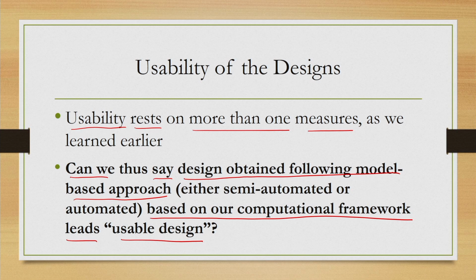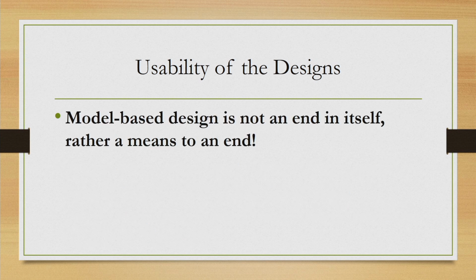So, the question is, can we still call the final outcome of the framework, that is the design, usable directly? We should note that this model based design is not an end in itself, but a means to an end. So, let us elaborate what we mean by this.